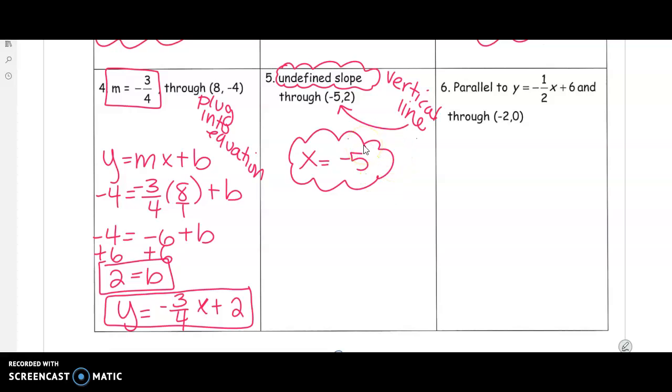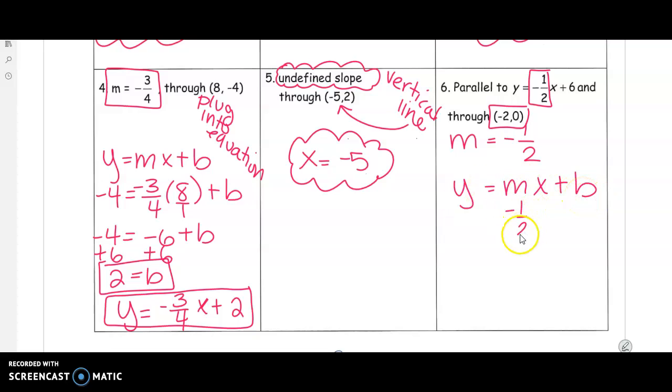Number 6, parallel. So we want the line parallel to y equals negative 1/2 x plus 6. And parallel means equal slope. So the m we want is negative 1/2. Our point is (-2, 0). So y equals mx plus b.